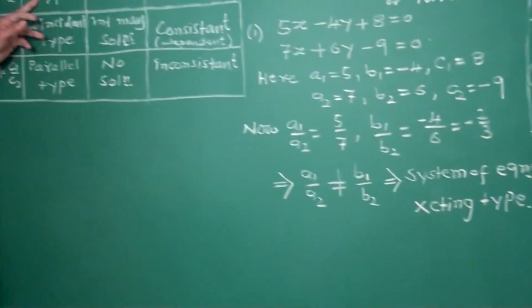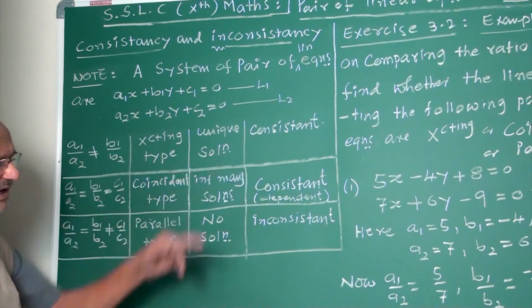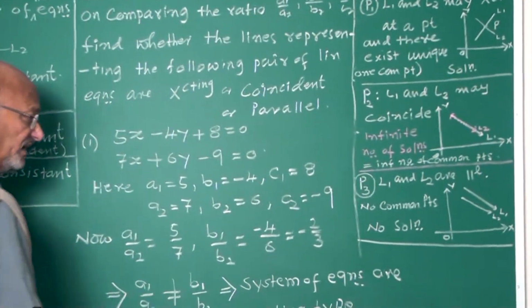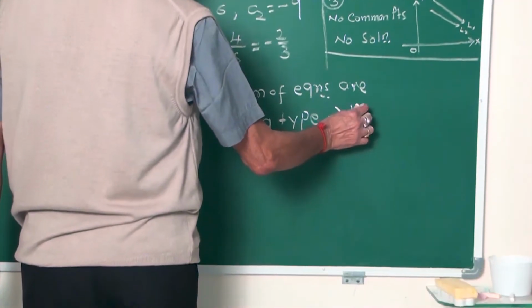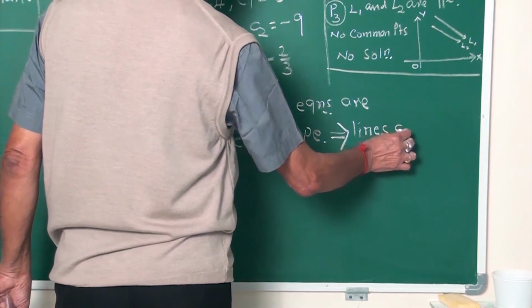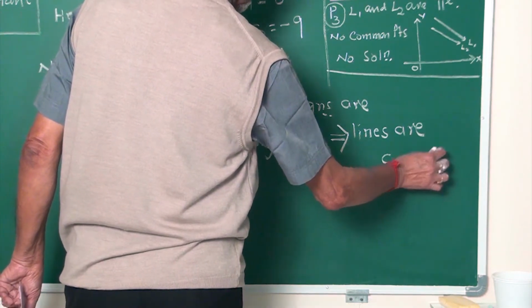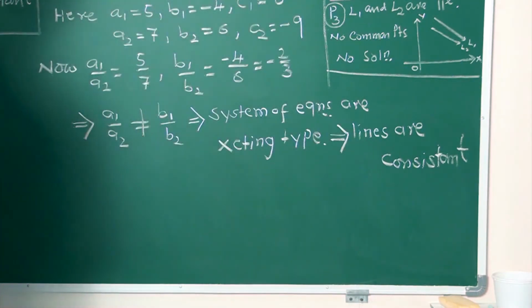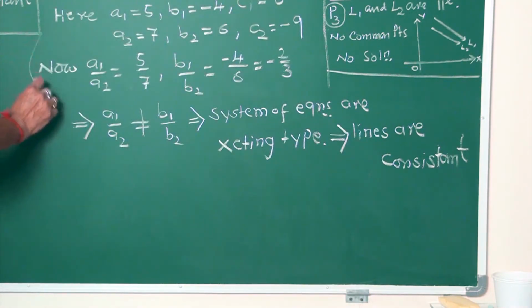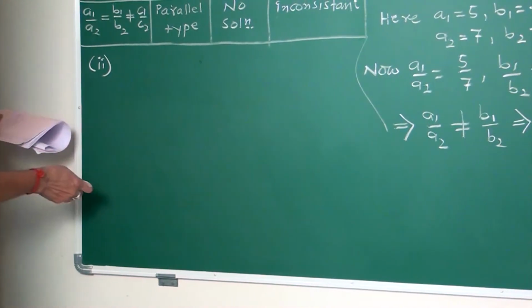If it is intersecting type, the lines are consistent. Don't write this, because it is not asked. Given lines are consistent. Yes, my friend. Next is the second example. Example 2.